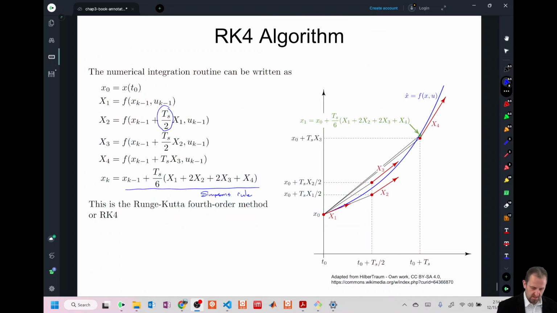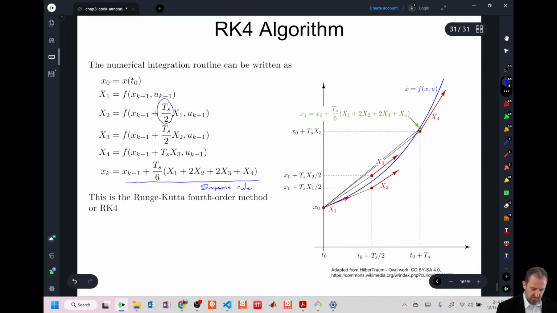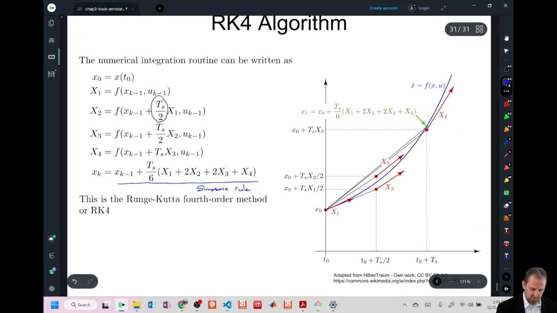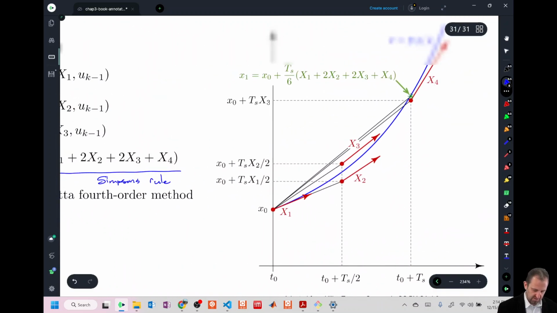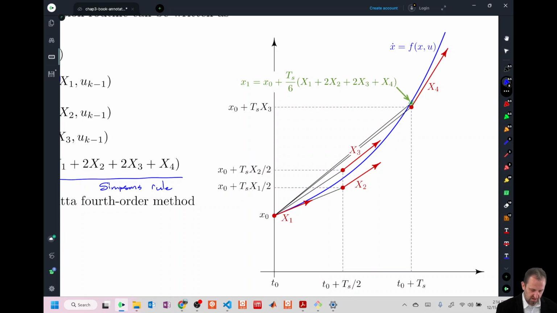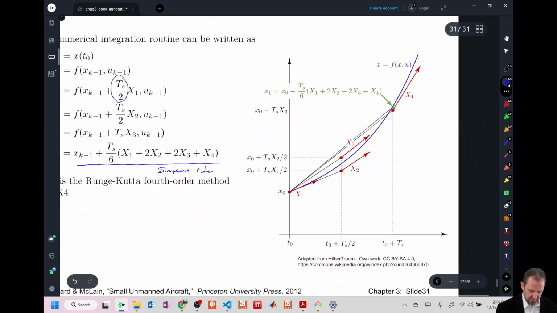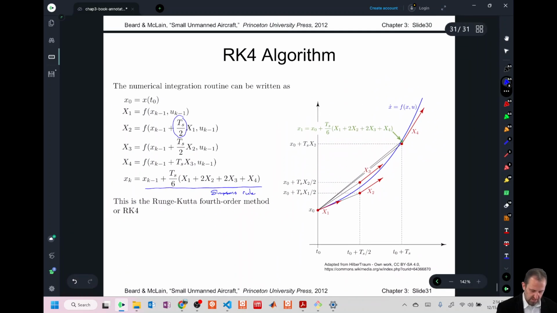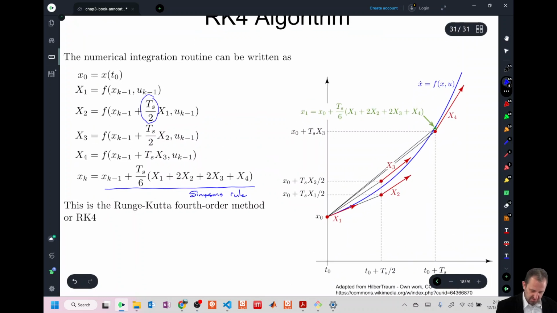Okay. So going back to this chart, this is just a visualization of the different steps that make up this RK4. Sorry, I thought this was a slightly different figure.